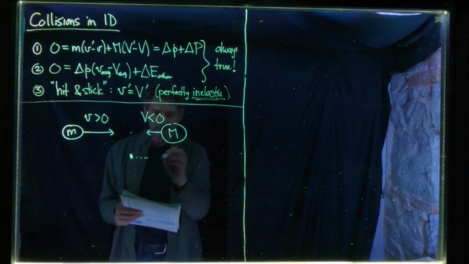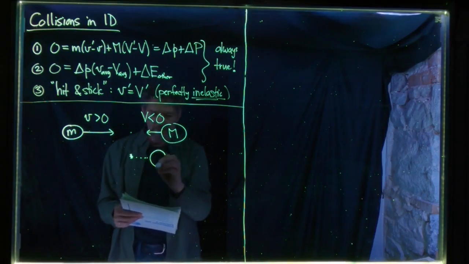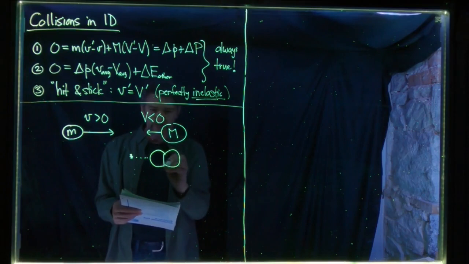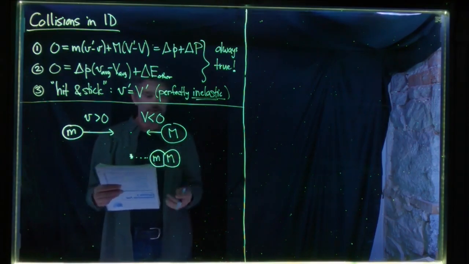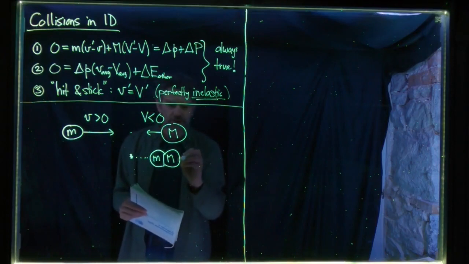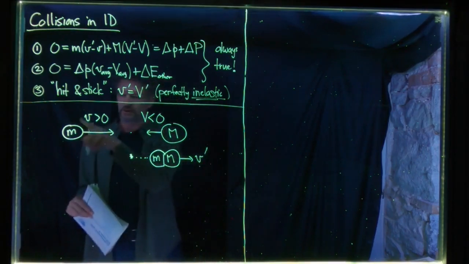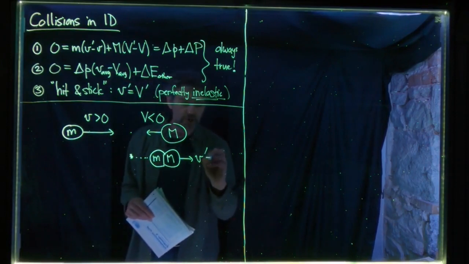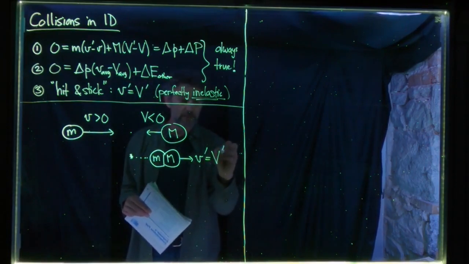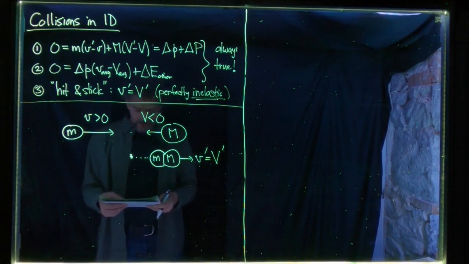Okay, so then in the aftermath of the collision, we have an object of total mass, little m plus big M, which is moving to the right with a speed. So the final velocity of little m, little v prime, is equal to the final velocity of big M, big V prime. Okay, so that's that.